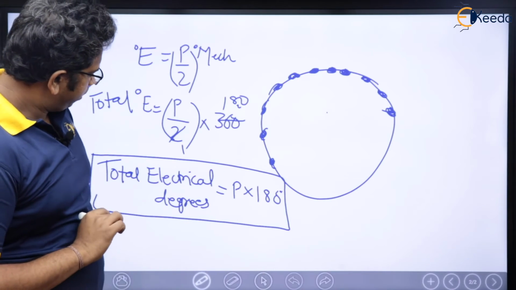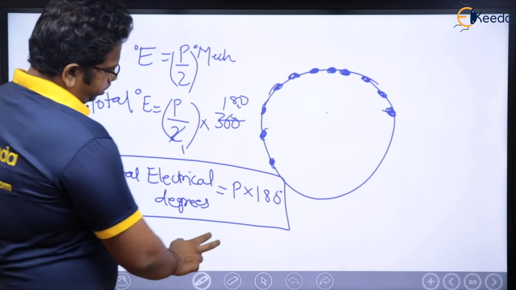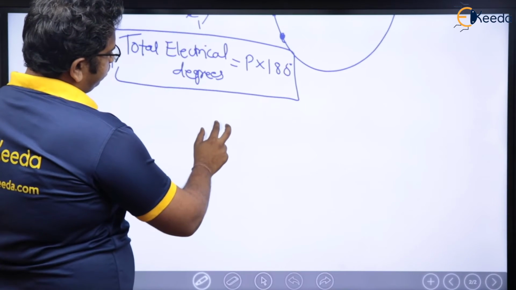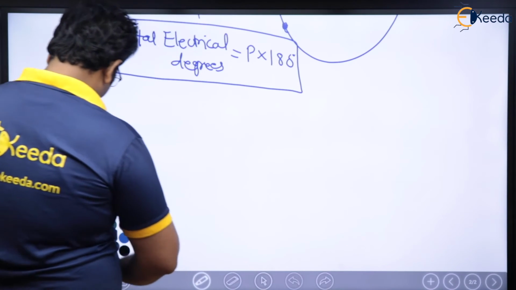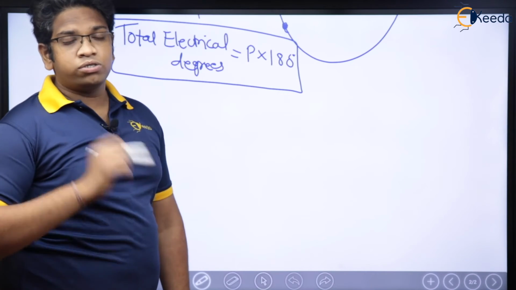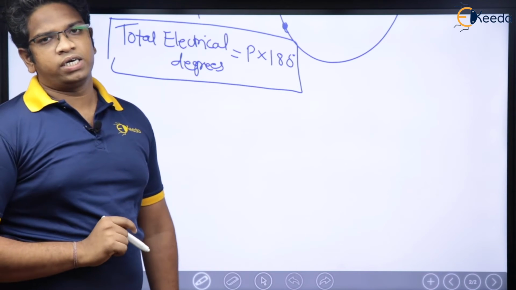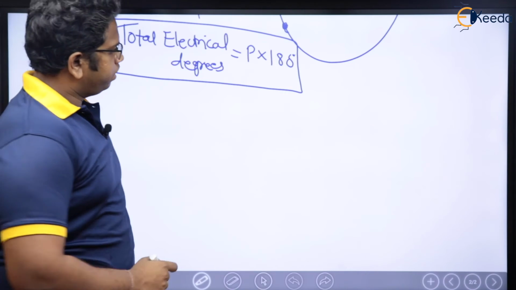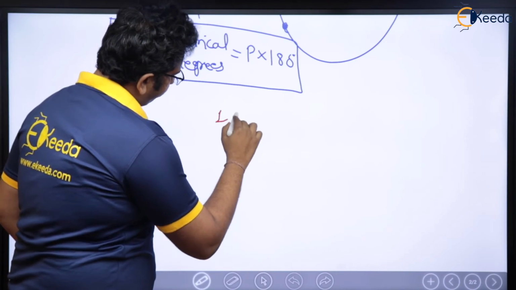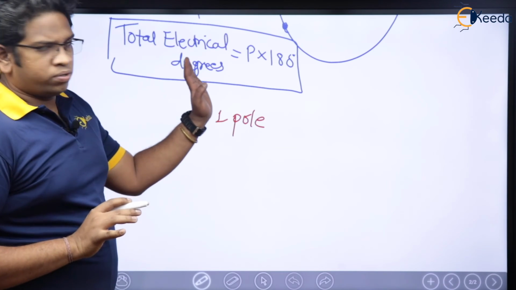Now you please tell me, what do you mean by P into 180 degrees? This P into 180 degrees also represents that one pole brings 180 degrees. In the sense, if you only have one pole, just try to understand it.